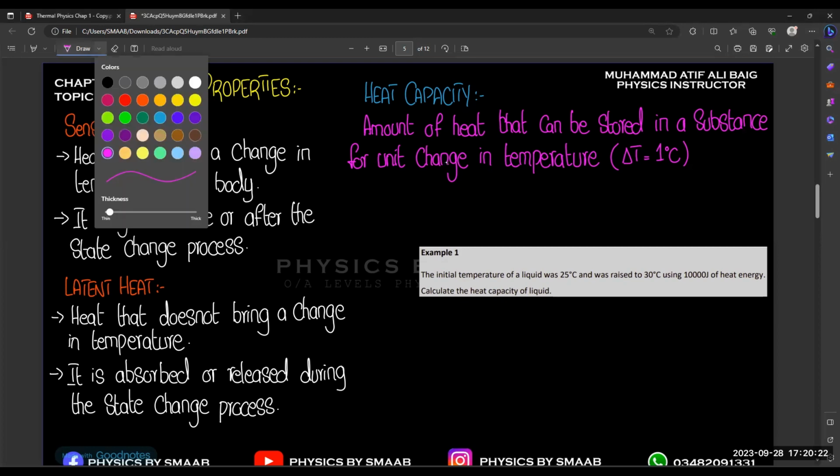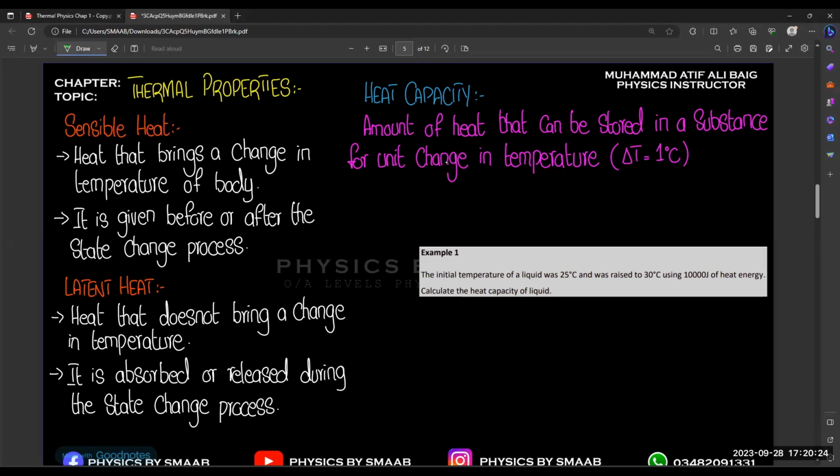Yes. So we can say that heat capacity, we have to provide less heat in solid, and we have to provide a greater amount of heat in liquid, as compared to the solid.